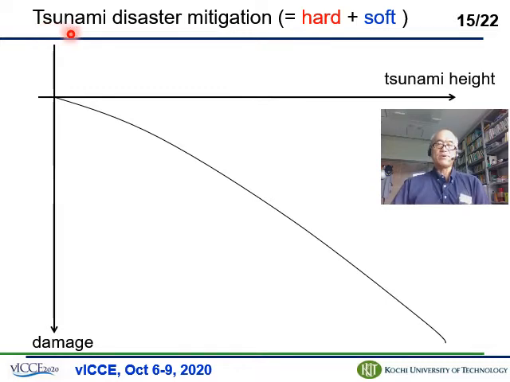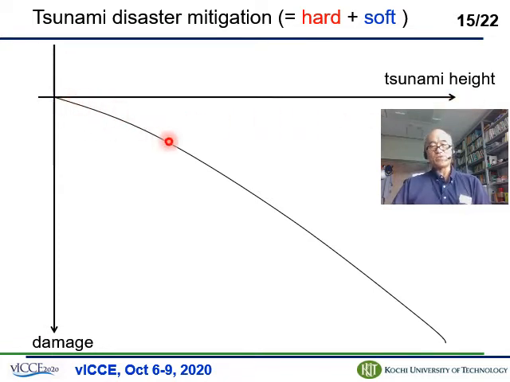As I mentioned, tsunami disaster mitigation in Japan has been composed of hard countermeasures plus soft countermeasures. This picture is a schematic diagram showing the tsunami damage on the vertical axis and tsunami height on the horizontal axis.